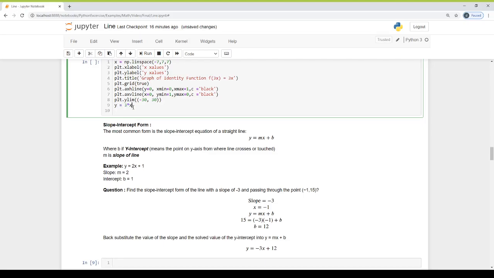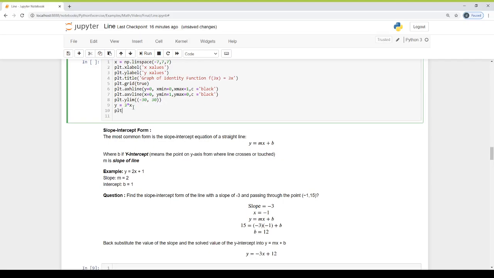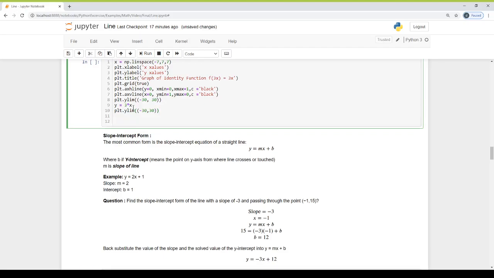We are passing the value of x and we are getting the value of y. Then plt.ylim from -30 to 30, and then we plot with plt.plot(x, y) and plt.show().